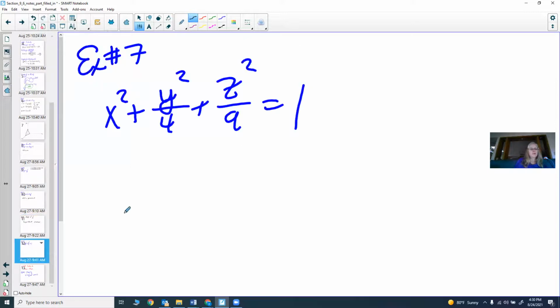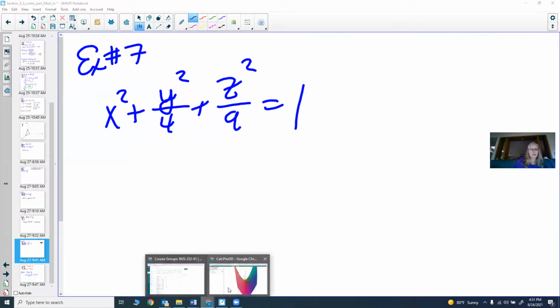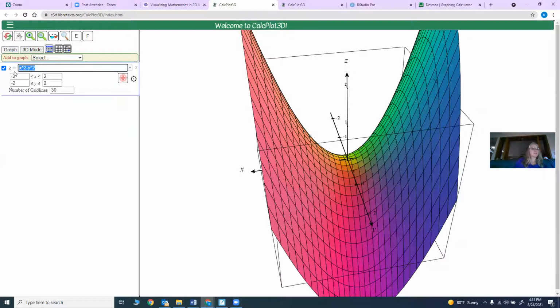All right, let's do one more. Let's look at 9x squared plus y squared over 4 plus z squared over 9 equals 0. You actually can still plot these. So we'll come over here and type this one in.